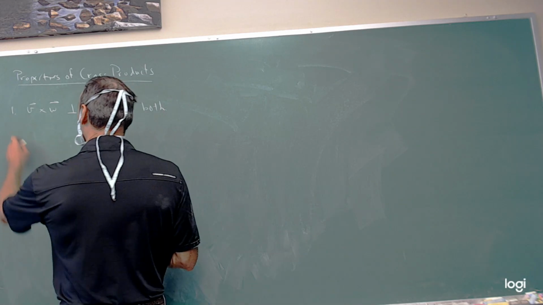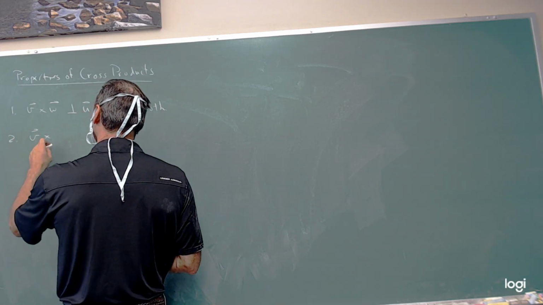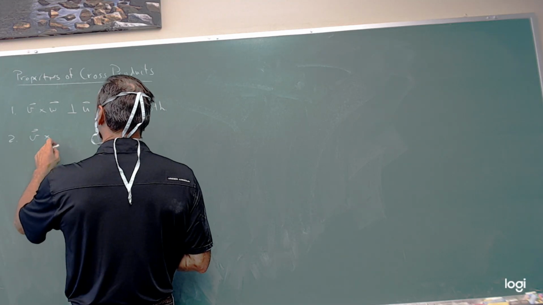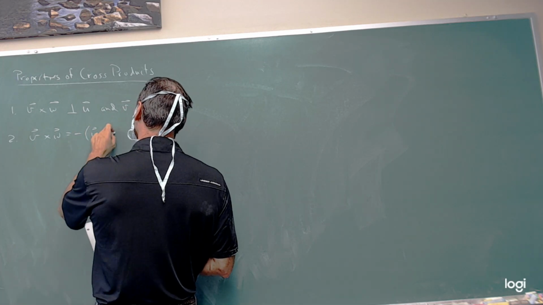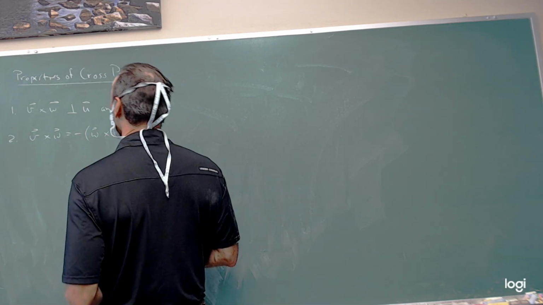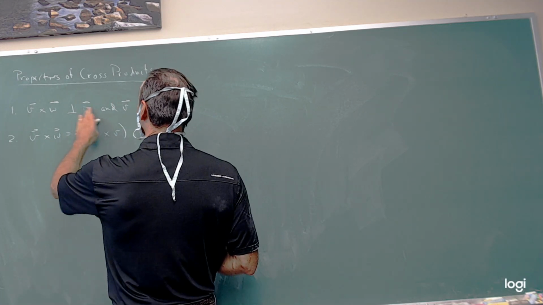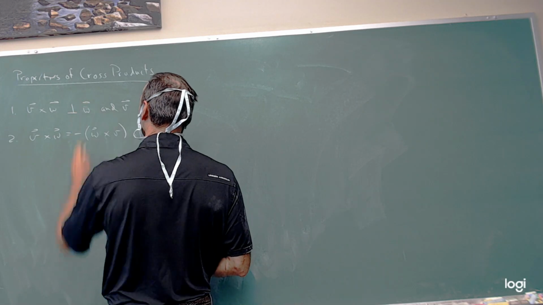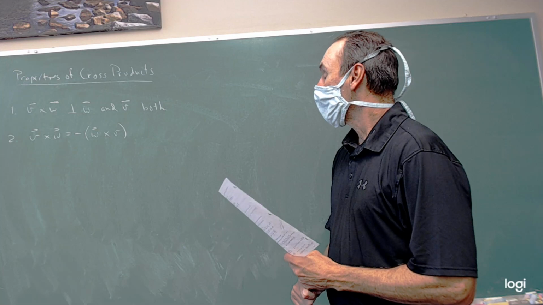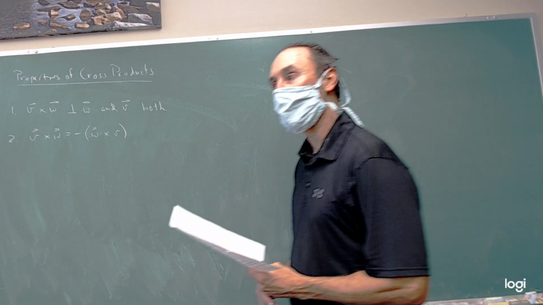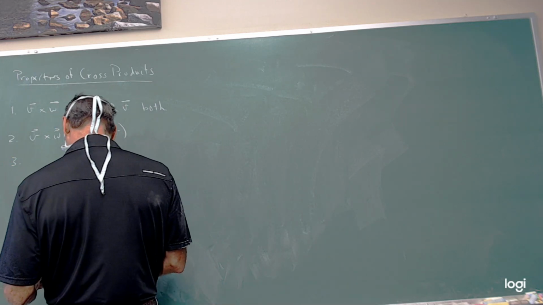We know that if you change the order, so v cross w is the negative of w cross v. V cross w is perpendicular to, it should be w and v, bringing in another vector that we don't know. So v cross w, you change the order, you change the sign. And that again tells you that change in direction. That's the geometric interpretation.